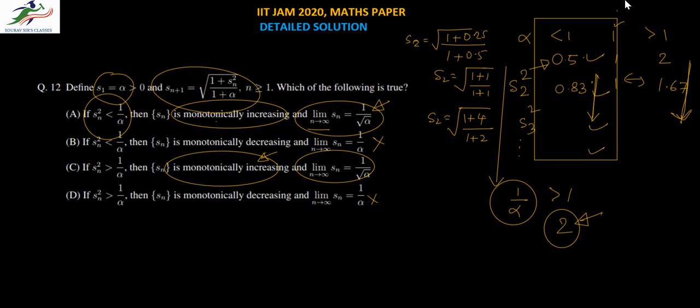So they will be less than 1 by alpha. So option A is the correct choice here.